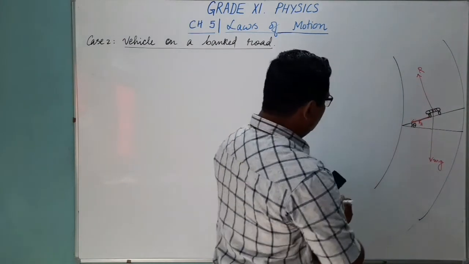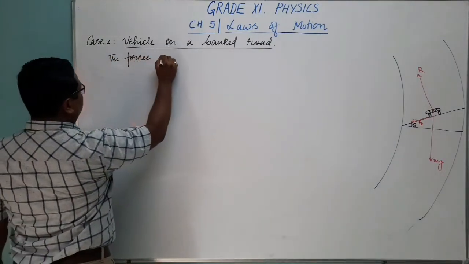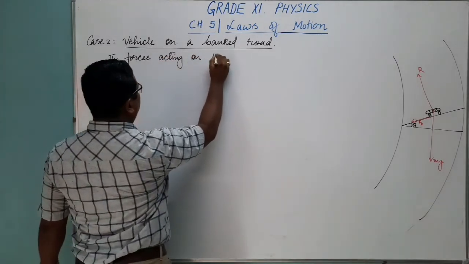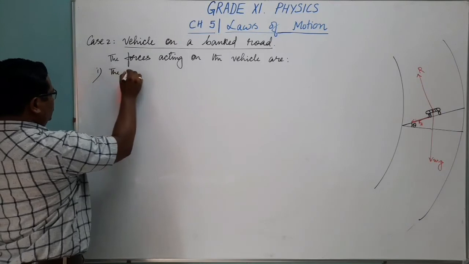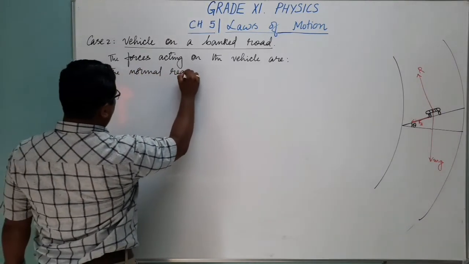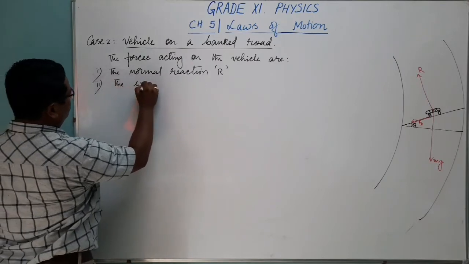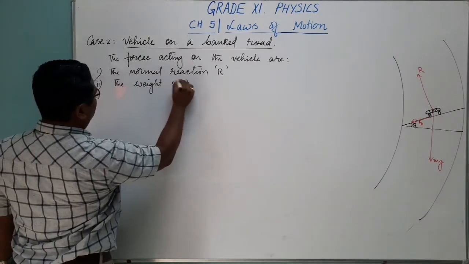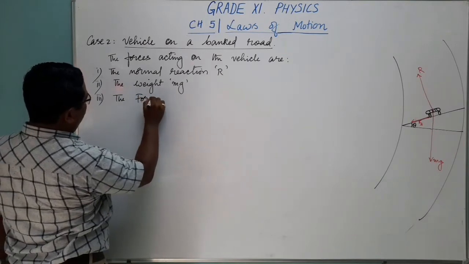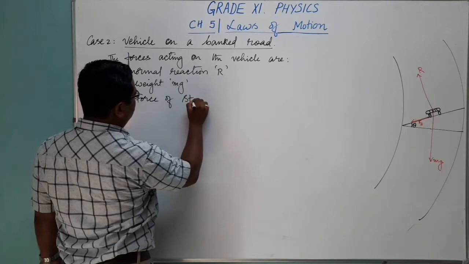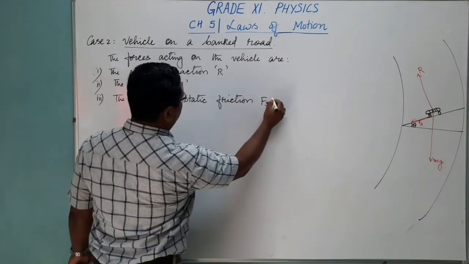So the forces acting on the vehicle are: number 1, the normal reaction R; the second one, the weight mg; and the third one, the force of static friction Fs.